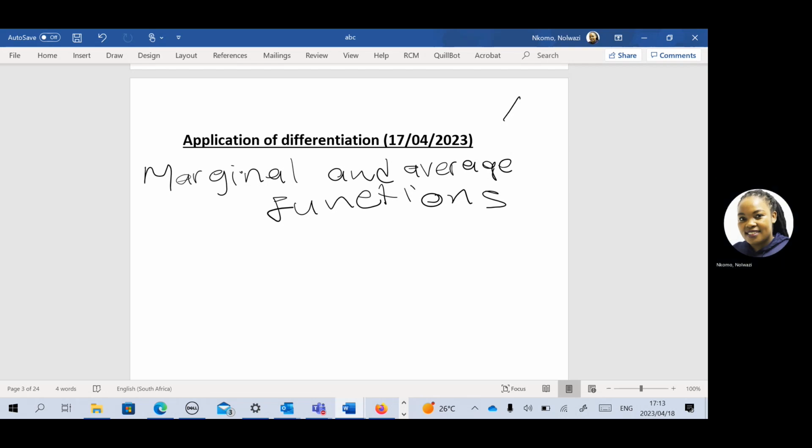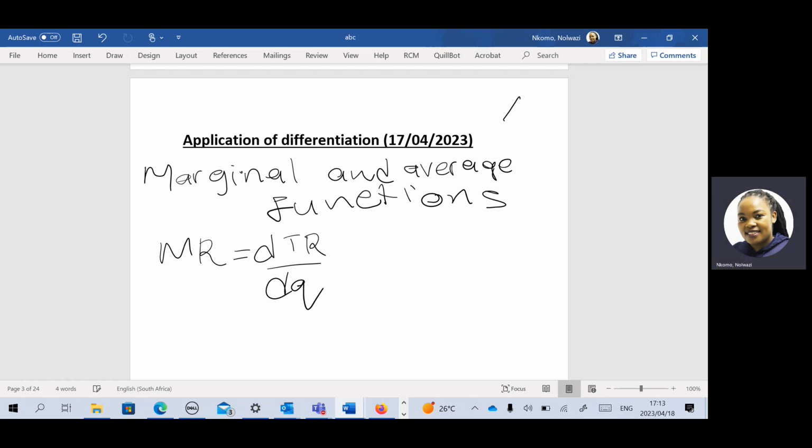That simply means to find the marginal revenue, we have to differentiate the total revenue. The rate of change of the total revenue is called the marginal revenue. So to find the marginal revenue, you have to differentiate the total revenue.